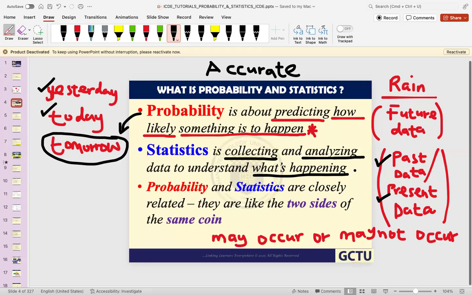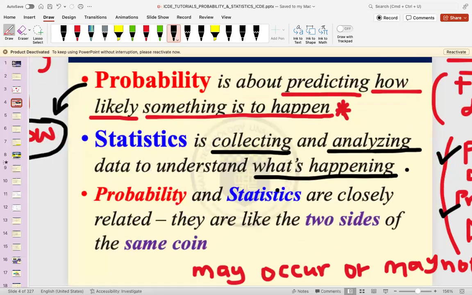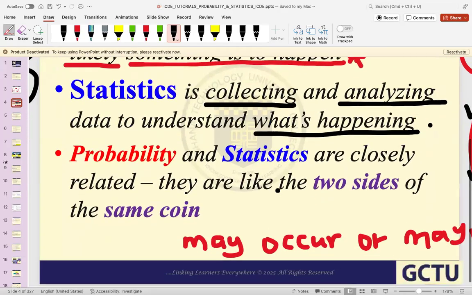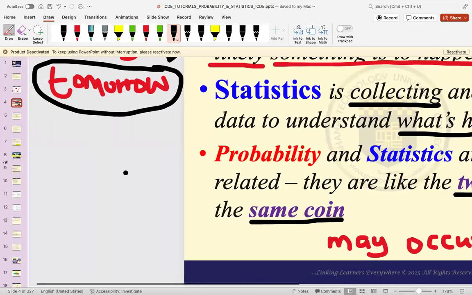To really paint a better picture for you as to why we need the two, I'm saying probability and statistics are closely related. They are like the two sides of the same coin.